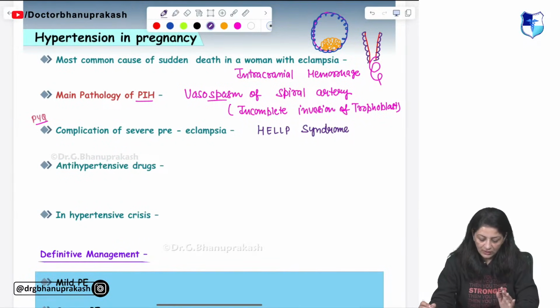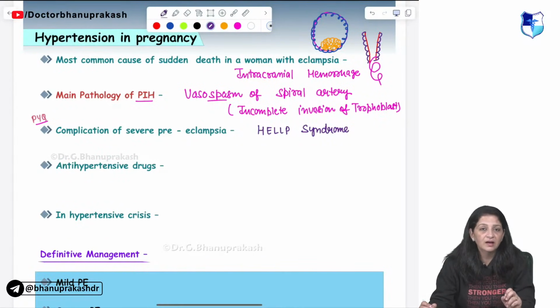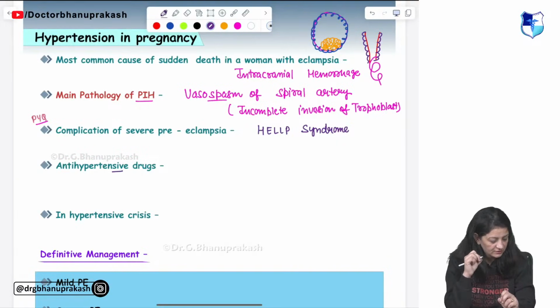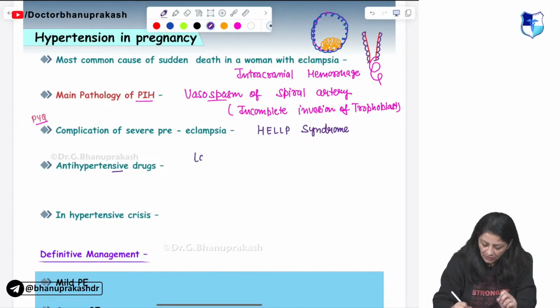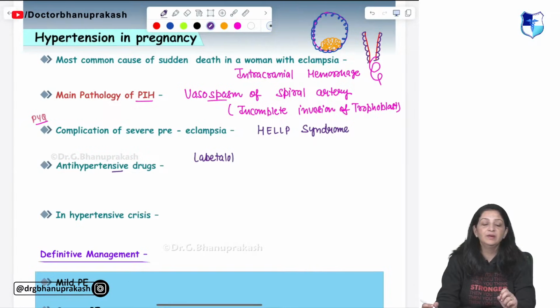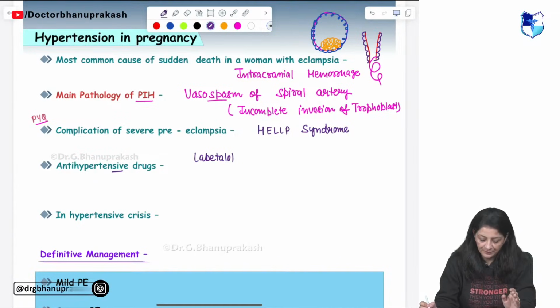Okay, now what are the anti-hypertensive drugs which can be used in hypertension in pregnancy? Anti-hypertensive drugs, first one is labetalol. Labetalol is the first drug, best but contraindicated in asthma.